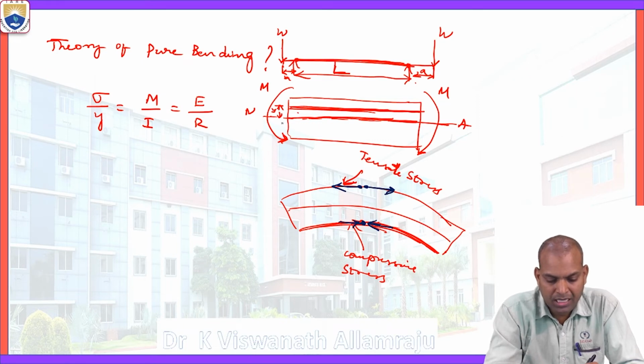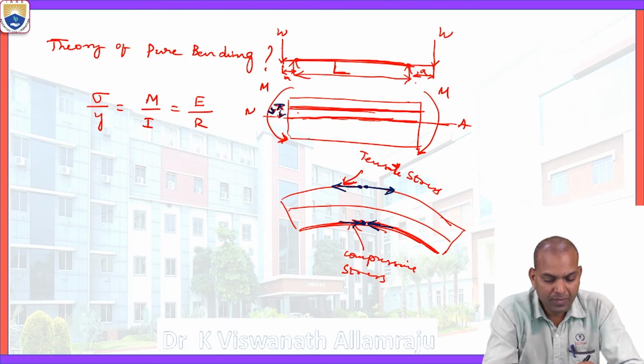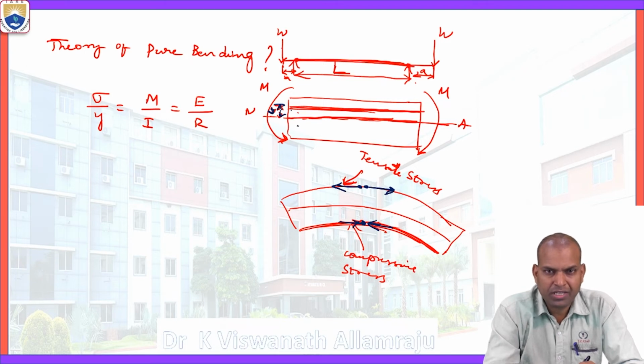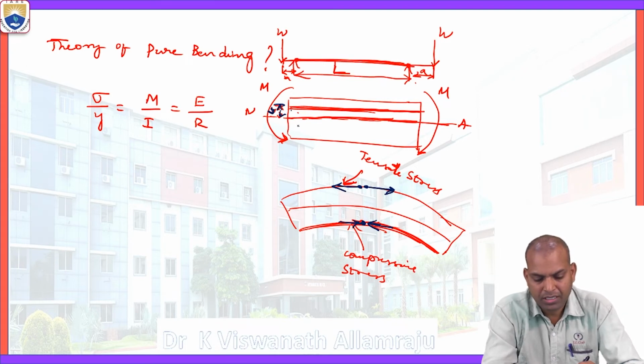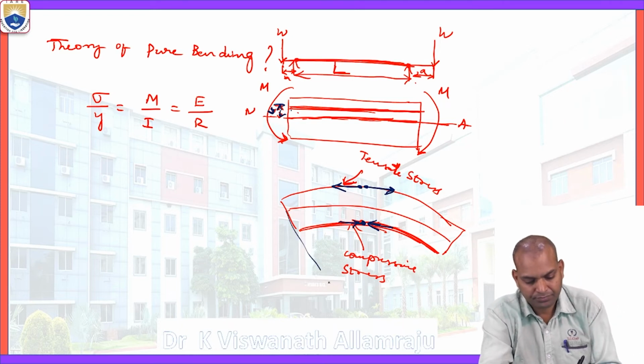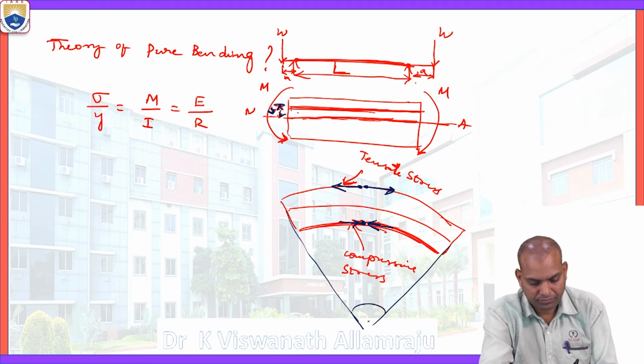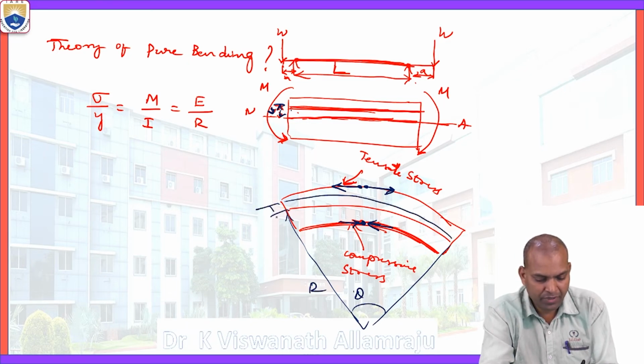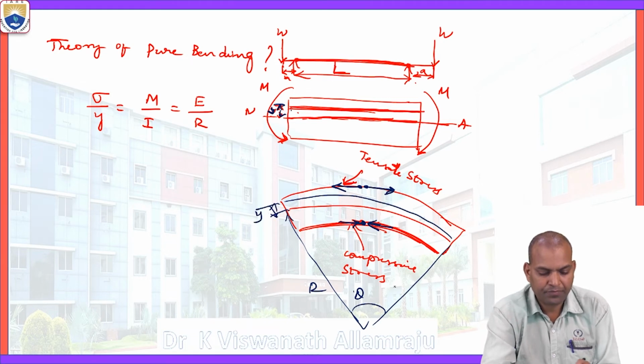And there is a layer at a distance y from the neutral layer. There is a radius of curvature R with angle theta. So the length of the layer at distance y is R plus y into theta.